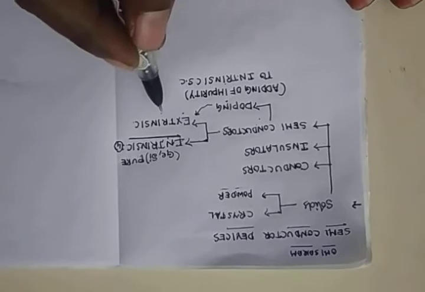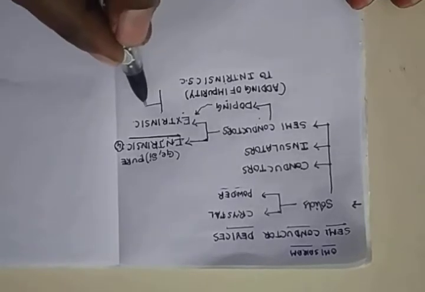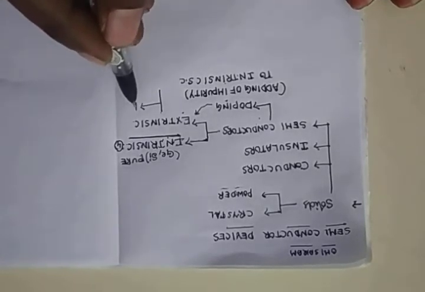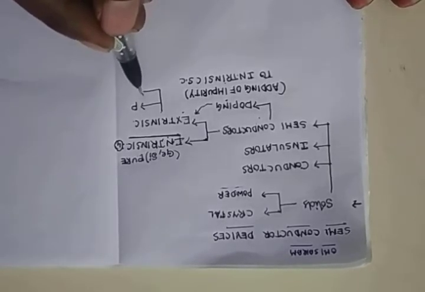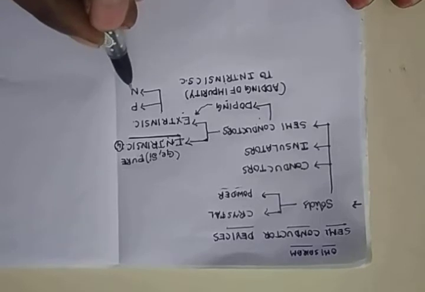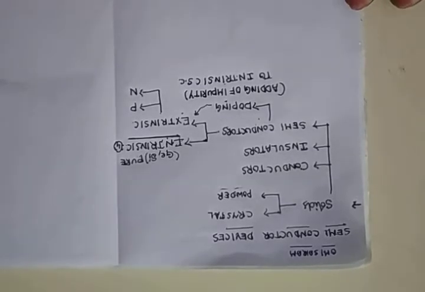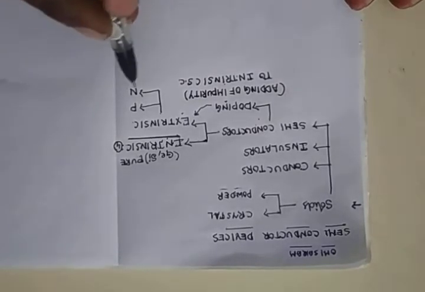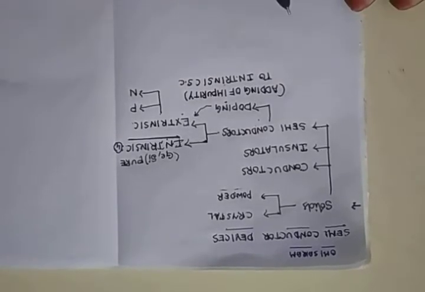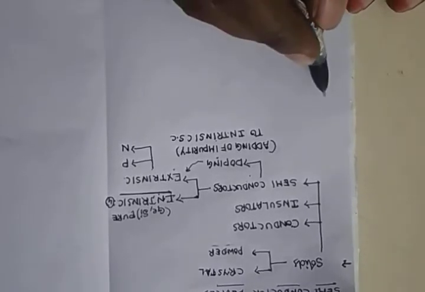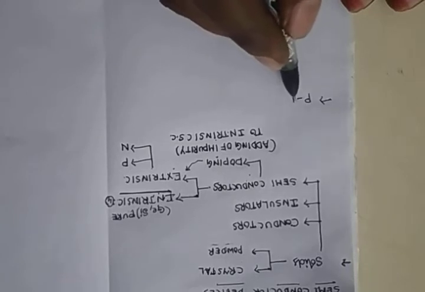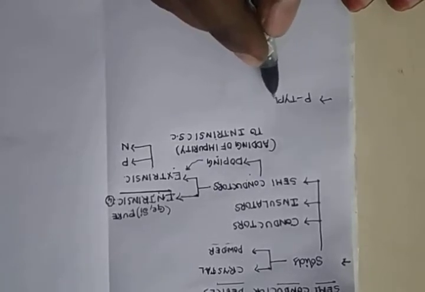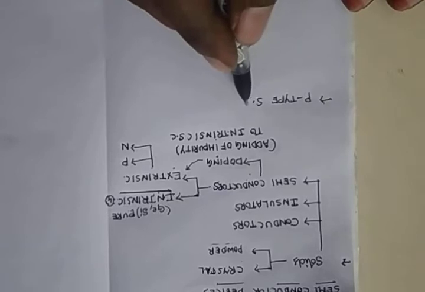So this extrinsic semiconductor is again of two types. This is P-type semiconductor and N-type semiconductor. So now check how to get P-type semiconductor.